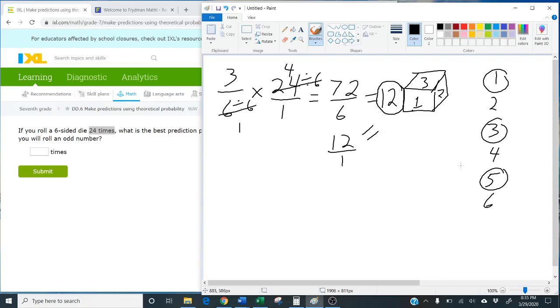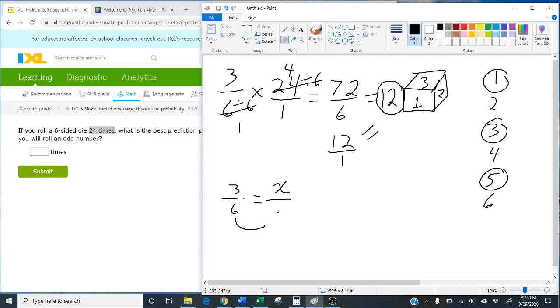We also can set up a proportion here. 3 over 6 equals x over 12. I could cross multiply here. I think there have been enough examples of me cross multiplying in these videos. Another way that I could solve this proportion is to say that, oh, I'm sorry, this should not be a 12. That should be a 24.